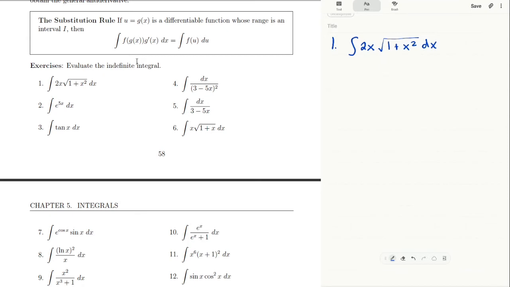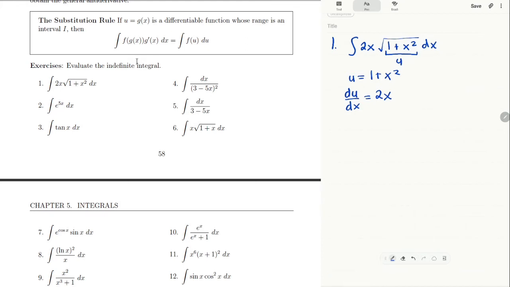If we look at the function 2x times the root of 1 plus x squared, we can simplify the integral by choosing u to be 1 plus x squared. If u is 1 plus x squared, then the derivative with respect to x is going to be 2x.